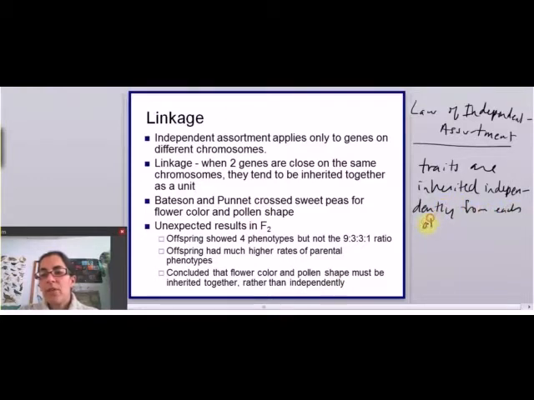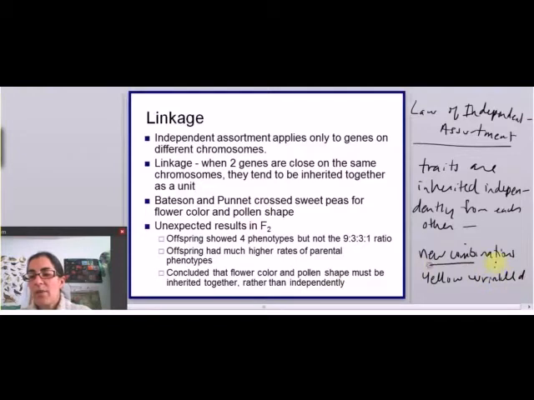And so in the example we looked at in the previous chapter, we saw, for example, that you could get new combinations like yellow seed color with wrinkled seed shape that were not seen in the previous generation.